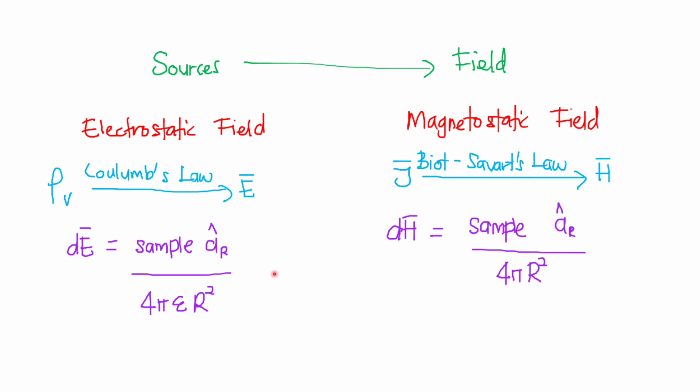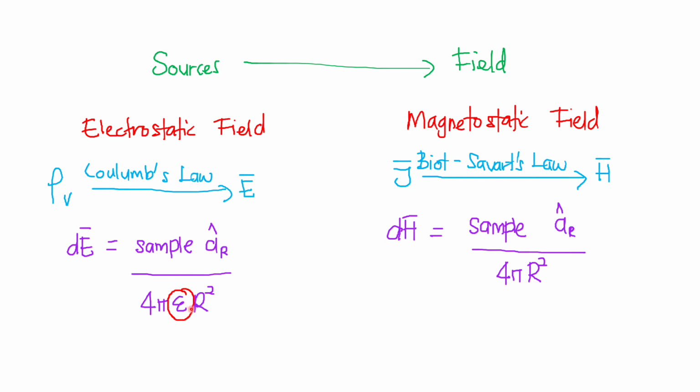Can you spot the difference between this equation and this equation? Yes. In electrostatic field, we have epsilon, and epsilon does not exist in Biot-Savart's law. Why? Because epsilon is the material property under static condition.